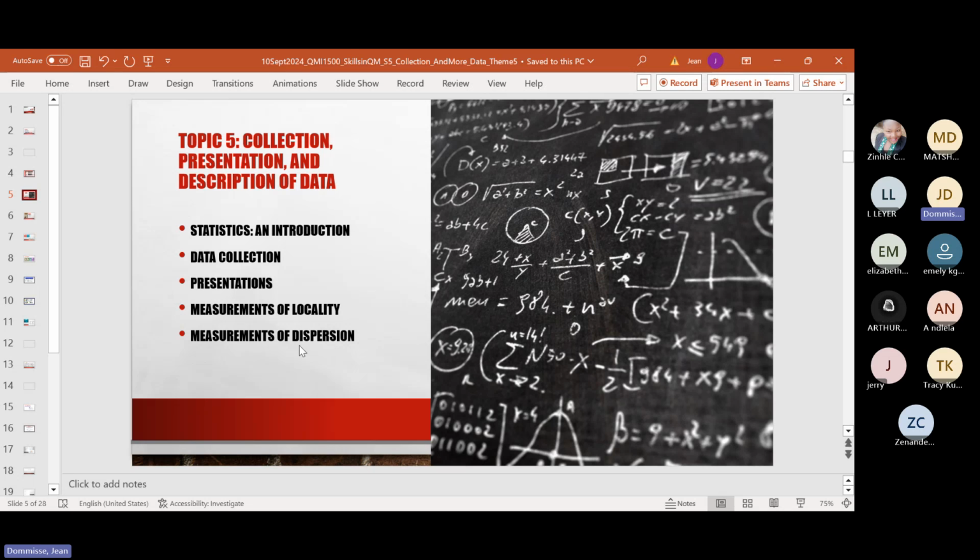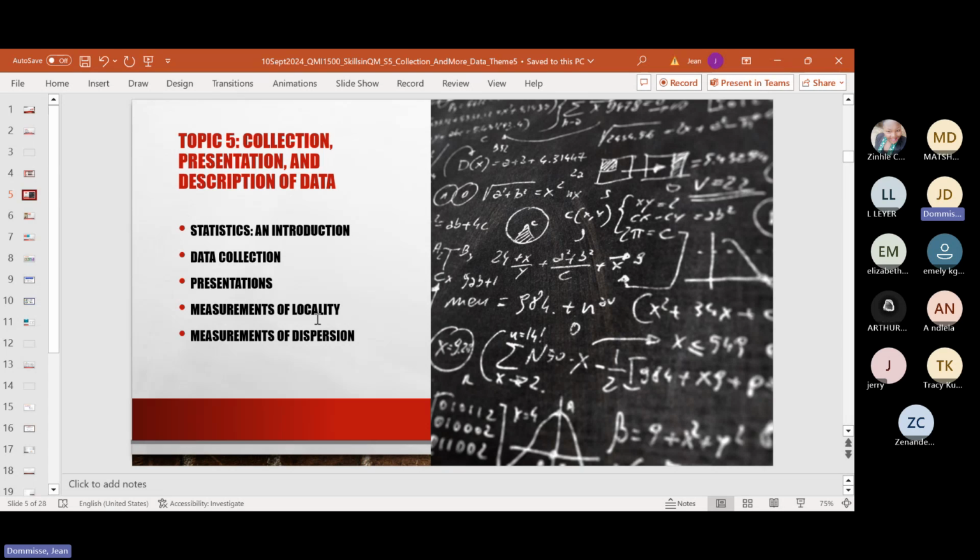And then we look at measurements of dispersion. That will be things like your variance, your standard deviation, your range. So that is simply how dispersed the data is.